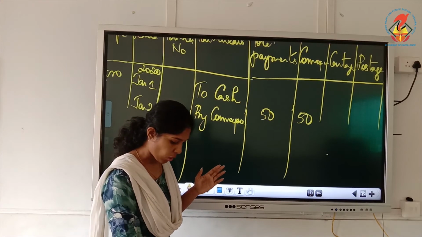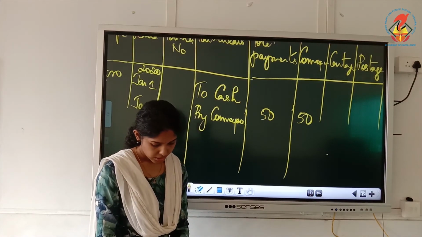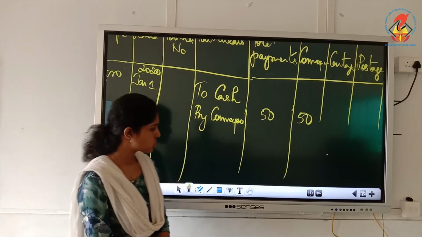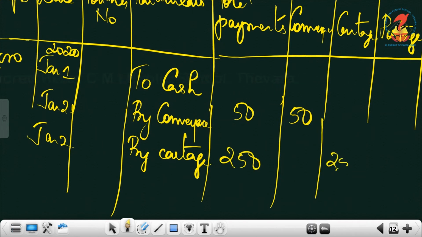The next is on Jan 2nd again, paid cartage. So here you write Jan 2nd By Cartage. It is 250 specifically. First you must write in total payments, then specifically you must write in the cartage column 250.